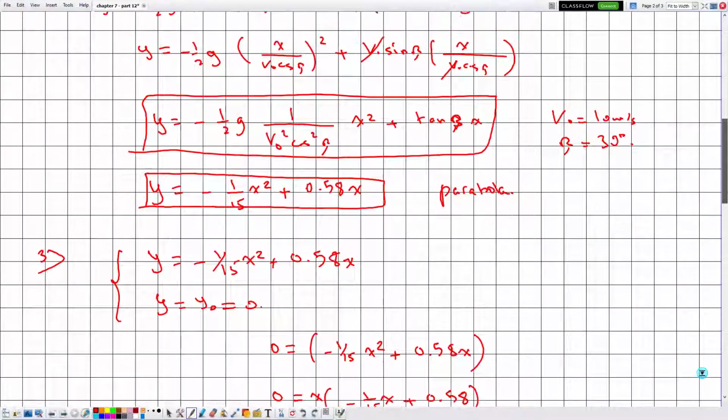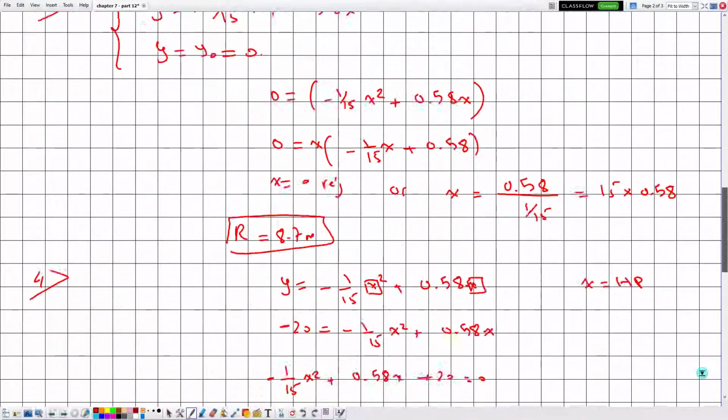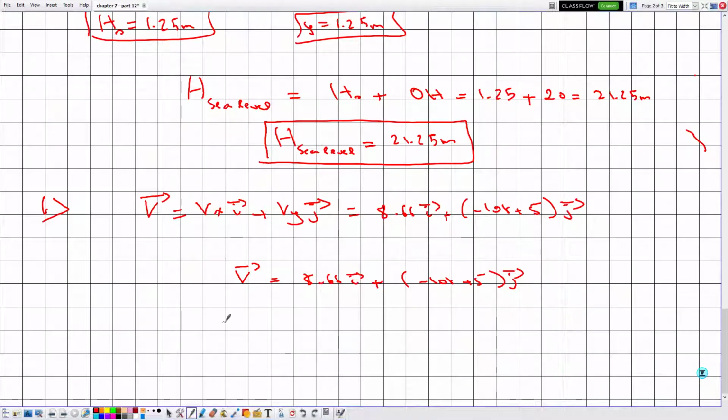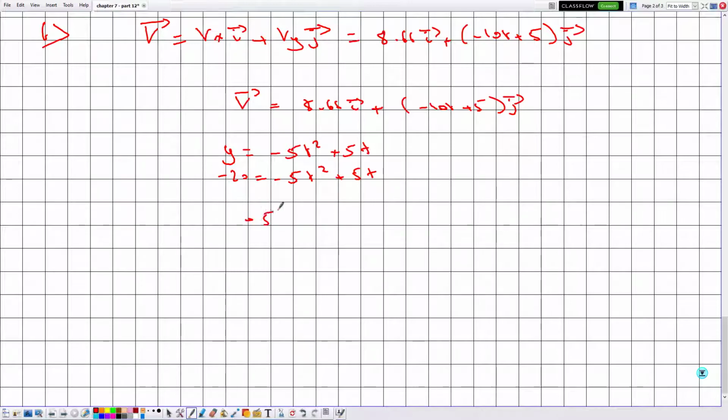Then let's refer to this equation, which is given by y is equal to minus 5t squared plus 5t. So minus 20 is equal to minus 5t squared plus 5t. Then we have that minus 5t squared plus 5t plus 20 is equal to 0.